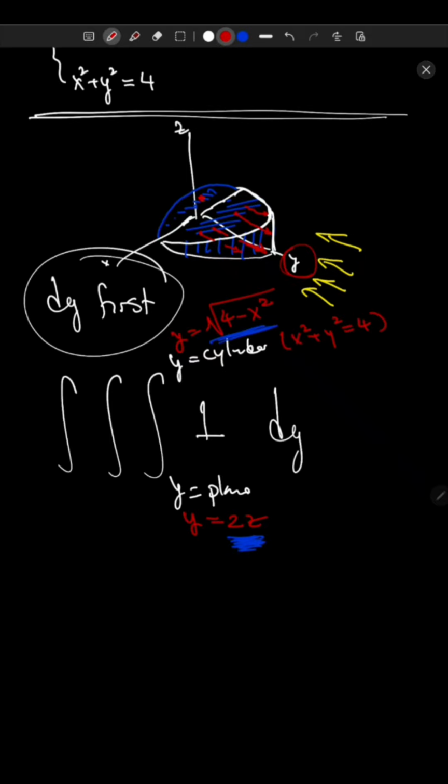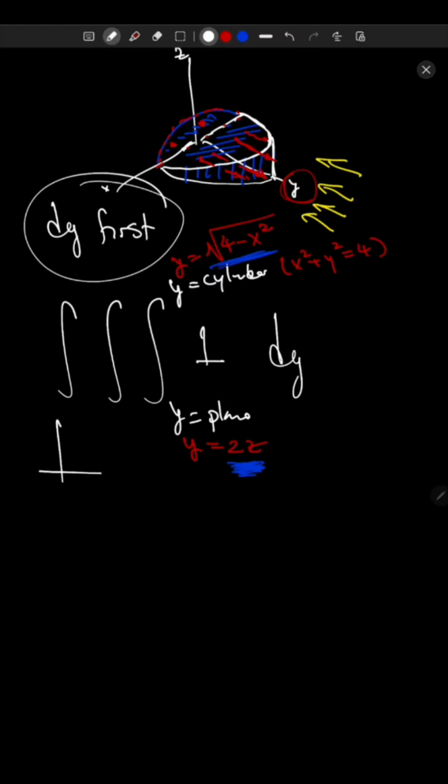This point here corresponds to that ray right there, and this line segment corresponds to that line segment here. All of the points in this shaded region correspond to a dy integral.